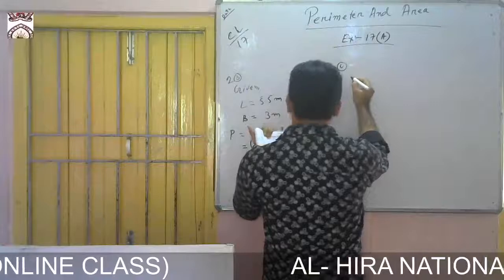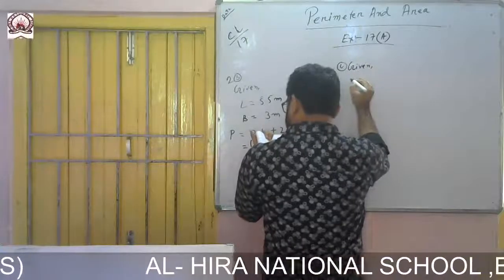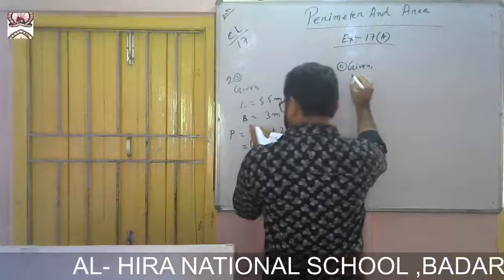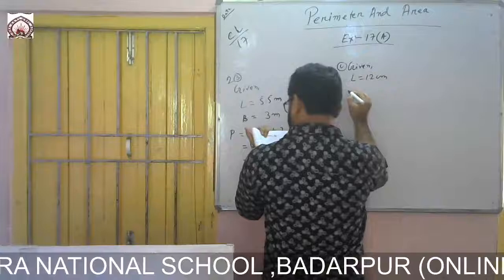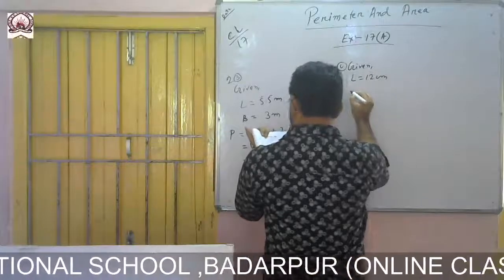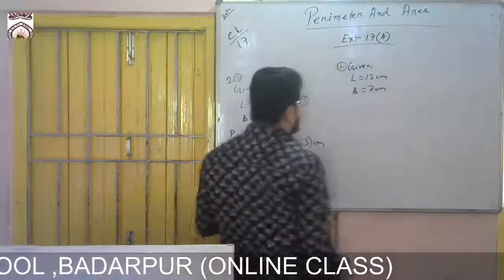2C, what is there? Given L equals 12 centimeter, and B equals 7 centimeter.